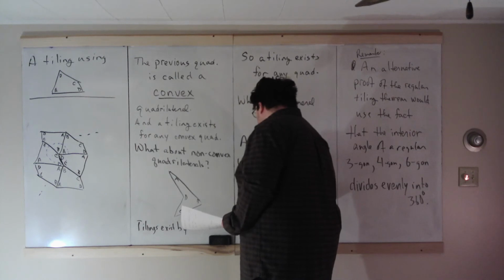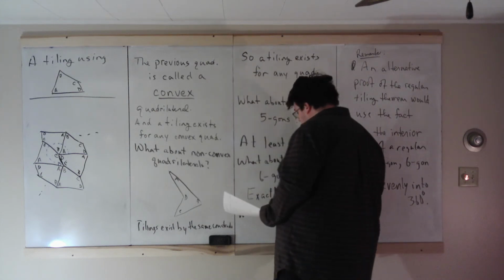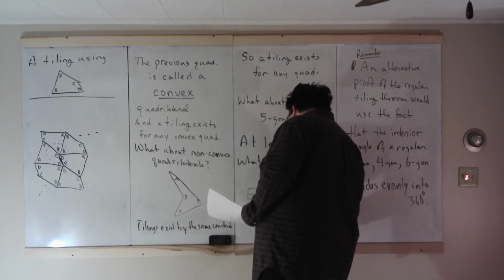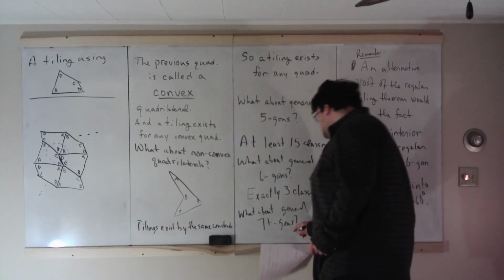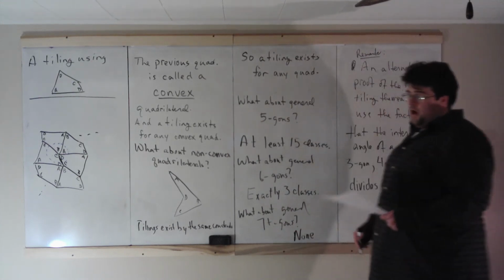And what about general 7, I'll just say 7 plus gons, so 7-gons, 8-gons, and so on. I'll just tell you, there are none, and it has been shown that there are none.